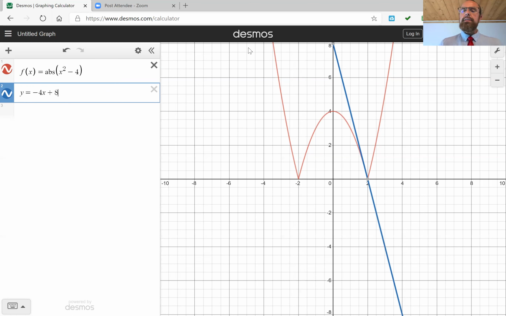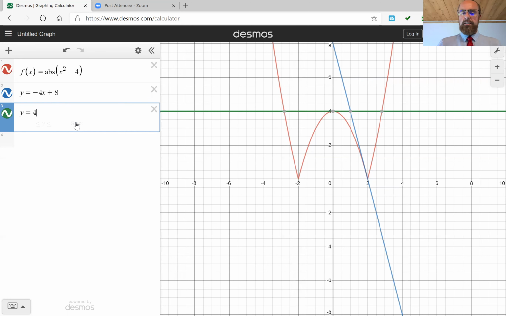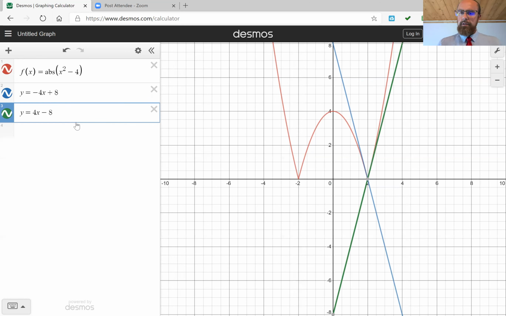So there I can see that's definitely a tangent line. It's just intersecting the graph at that one point, and the slope there is negative 4. And if I consider the other side as I approach from the right, y equals, in this case, 4x minus 8. Again, that's a good tangent line at that point, but its slope is opposite.